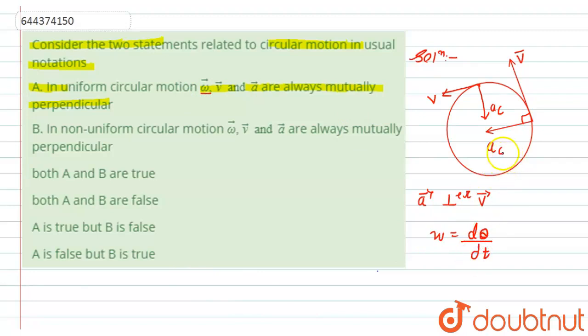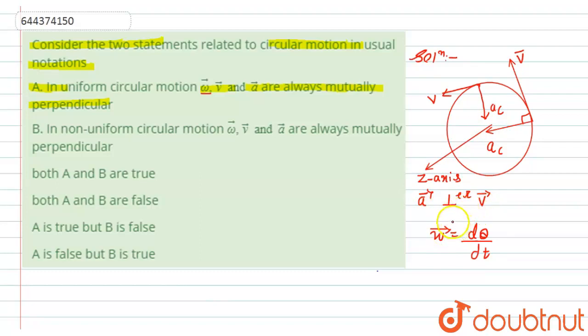Now as the angle will change, obviously the value of omega will also change, right? But we know that the direction of omega is in the z direction, and as z is perpendicular to the xy plane, ultimately this omega will become perpendicular to acceleration and velocity.